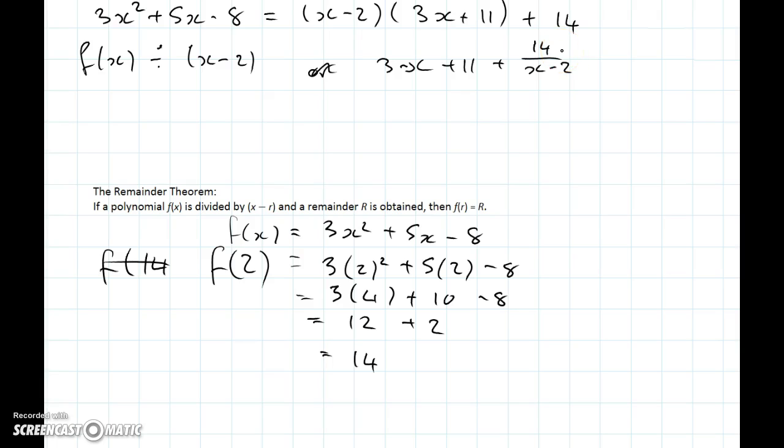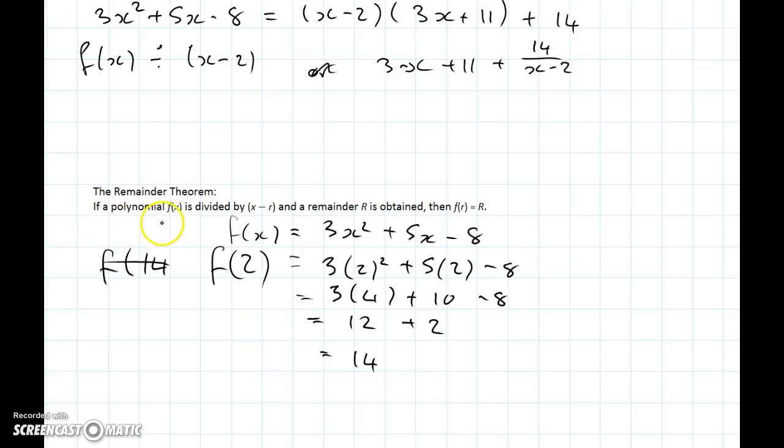So I can actually find out what my remainder is going to be by substituting in what I'm dividing by, or what I'm hoping is maybe a factor. And whatever that answer is will be my remainder.